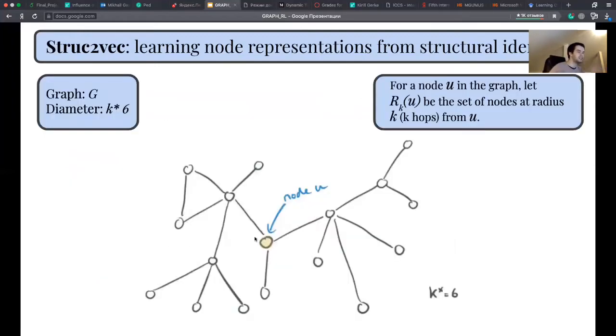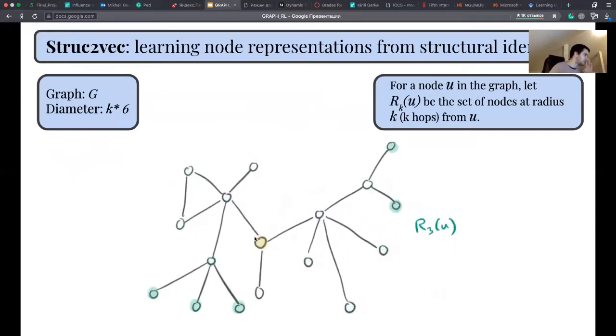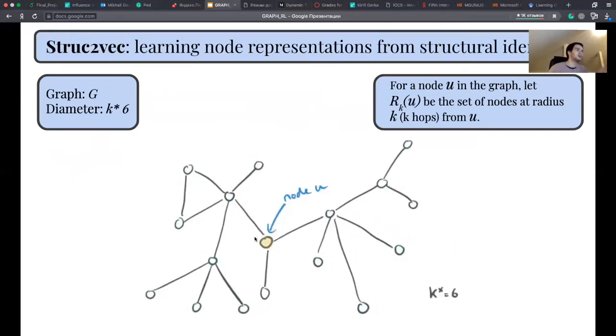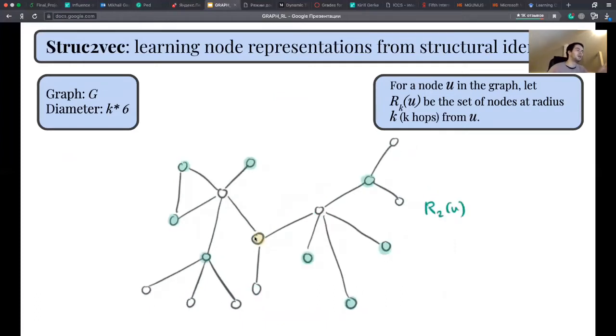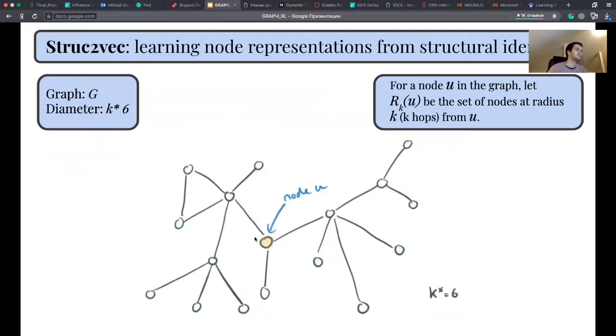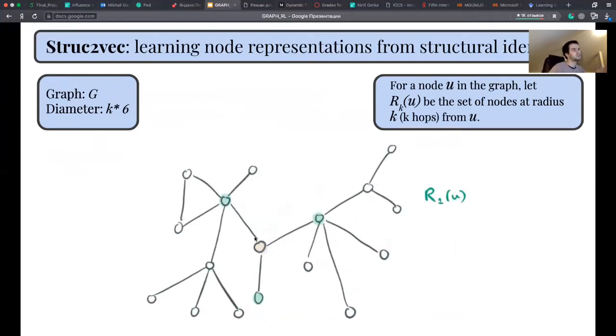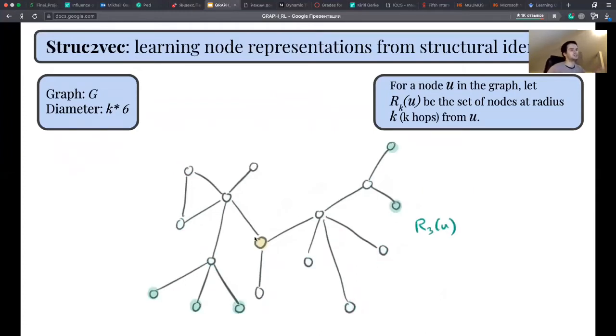How does it work? Let's consider some graph with diameter k6. At first stage, we need to analyze the number of vertex neighbors in the first circle, second hop in the second circle, third hop, and so on.